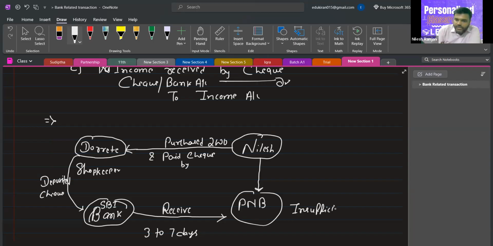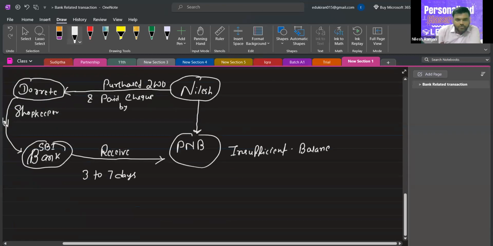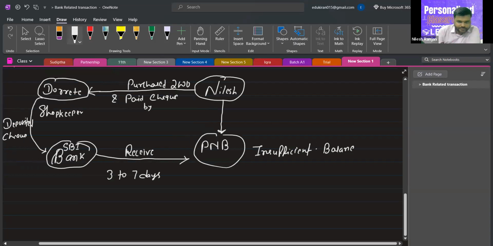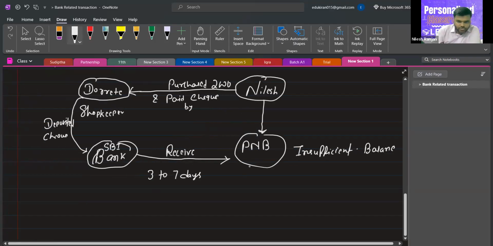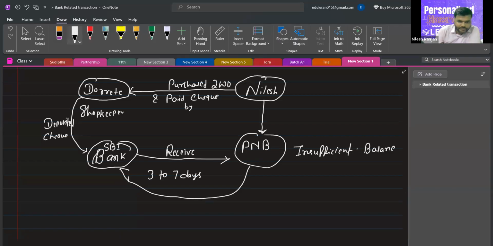There is no money in my account. In that case, the check will be returned. It is called dishonor of check. So the check will be returned to your bank.